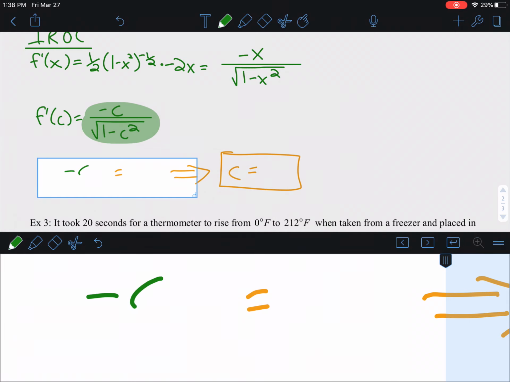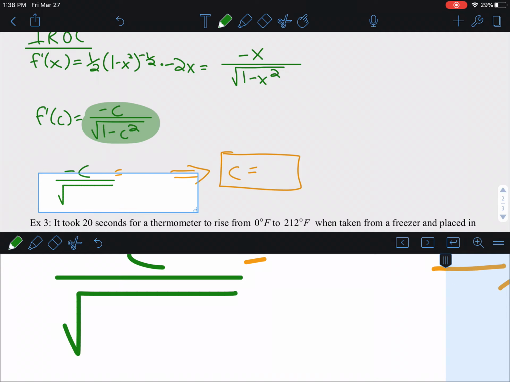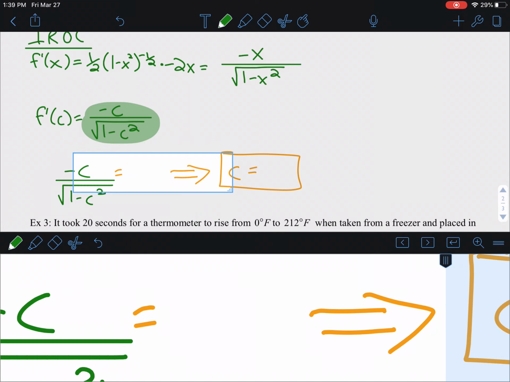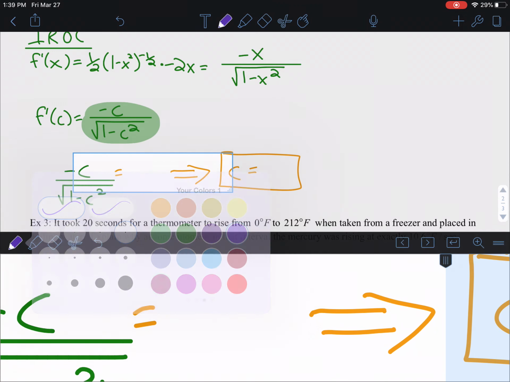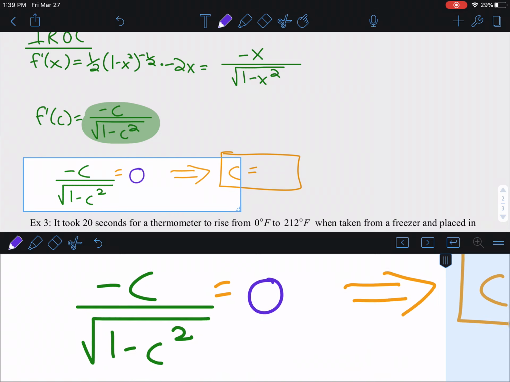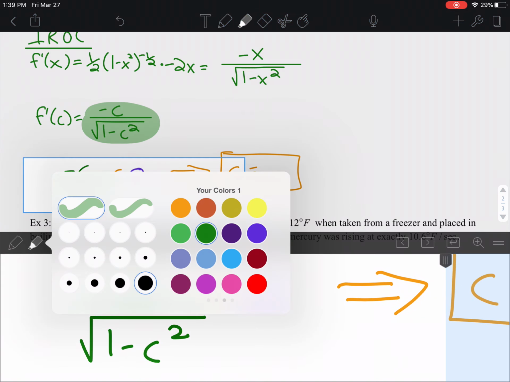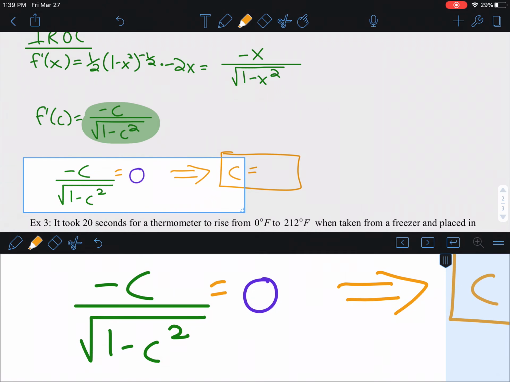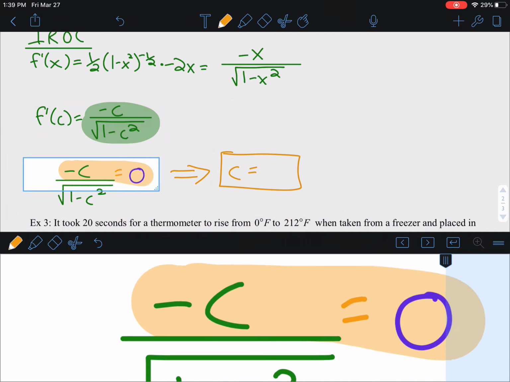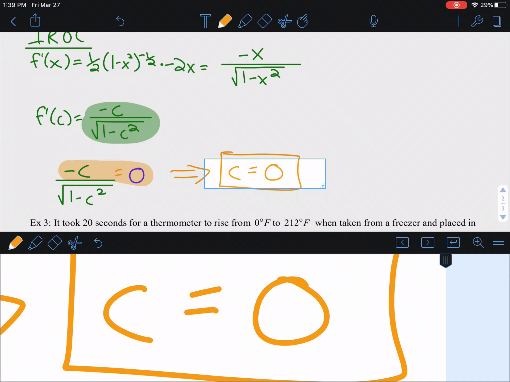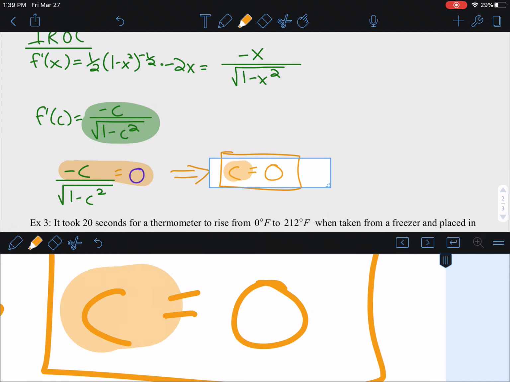So we're going to get negative c over root 1 minus c squared, which is going to equal 0. So I have a fraction that I'm trying to make equal to 0, so I can just make the numerator equal to 0. And so that means that c is going to be 0.